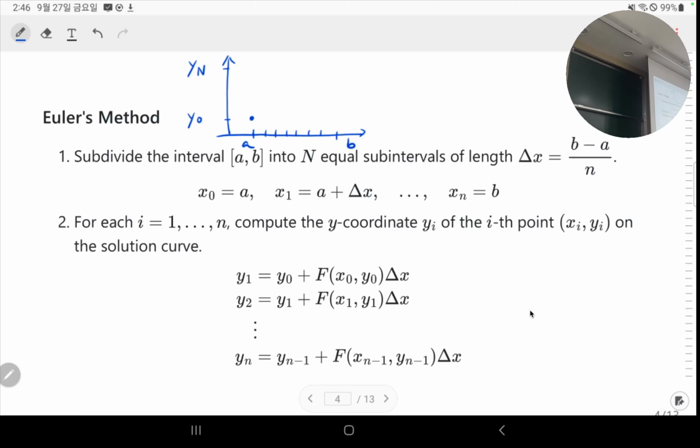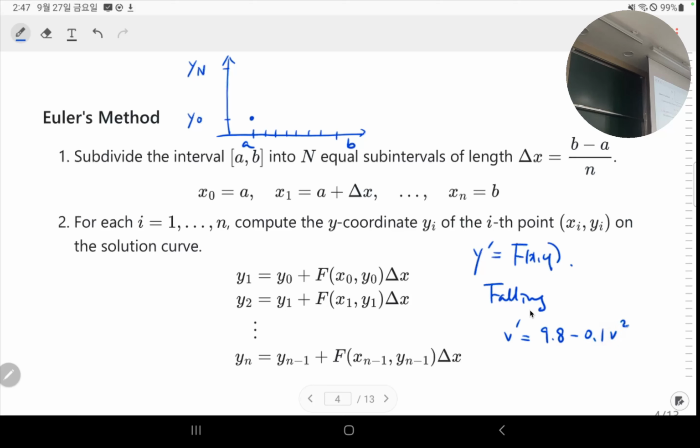So as long as I know that information, now I have to estimate the next y data based on the differential equation. For example, let's say I have an explicit formula for y prime in terms of x and y. Going back to the free falling situation, that could be explained like this. V prime is determined by a formula of v and t.